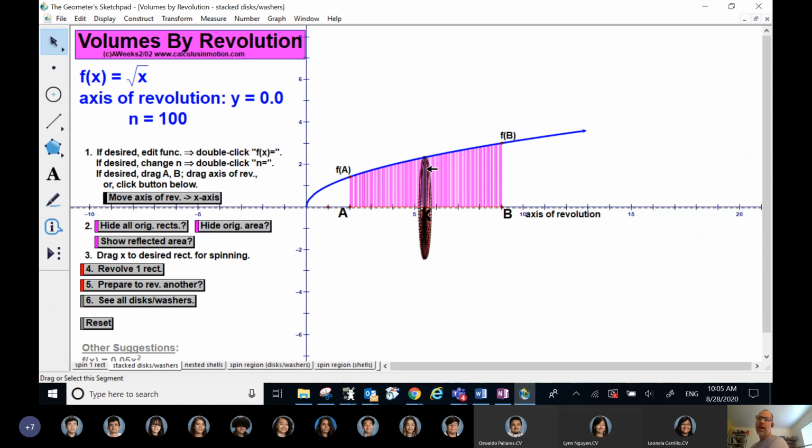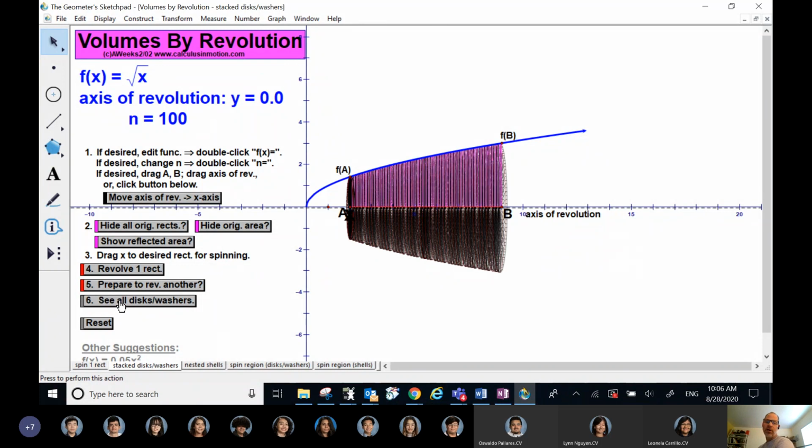It's got a pretty good area of the base, but its height is really small. Is the height of that cylinder measured in the X or the Y direction? The Y? Or the X? Yeah, it's really in the X, isn't it? And then as we revolve everything, we get our volume.